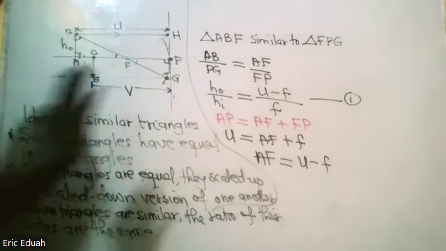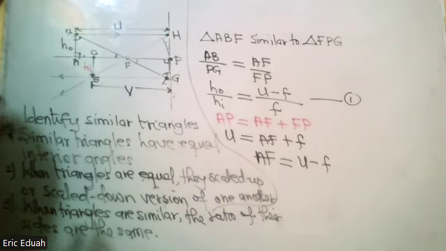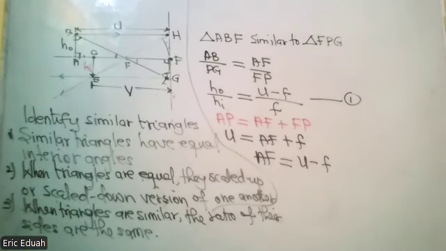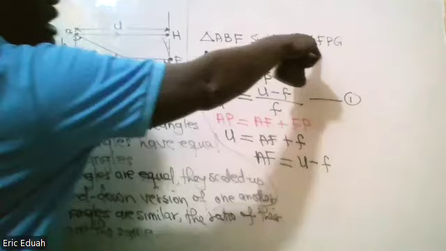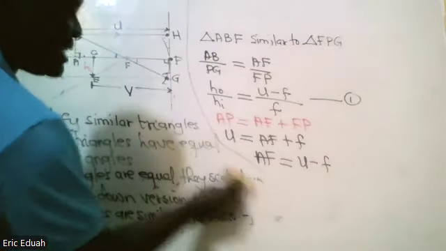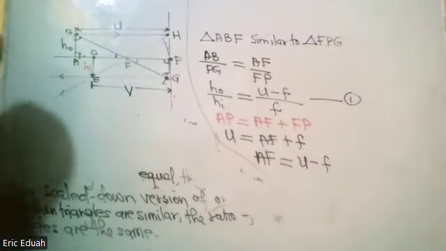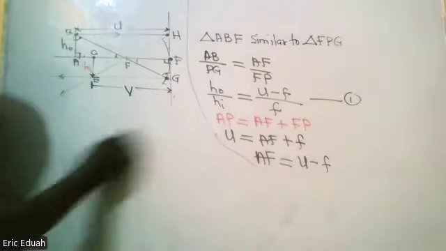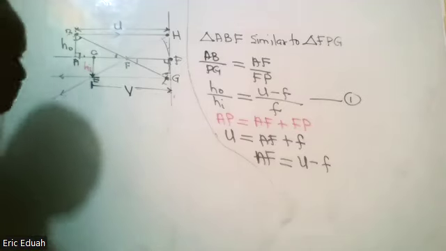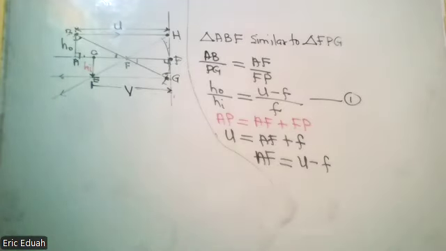Please, is equation 1 clear? How did we derive equation 1? All right. Let's also identify another similar triangle. So apart from ABF and FPG, can you help me identify another similar triangle or two other similar triangles?